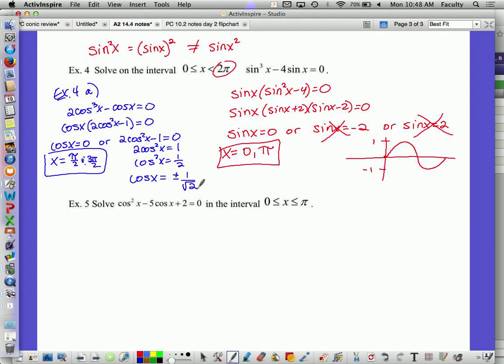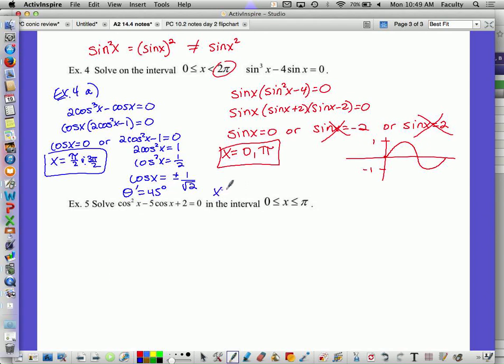But when I go look at my triangles, which of the 2 special right triangles would give me an angle for cosine that's 1 over radical 2? Nice work. So the reference angle is 45 degrees. This is going to be in all 4 quadrants, right?